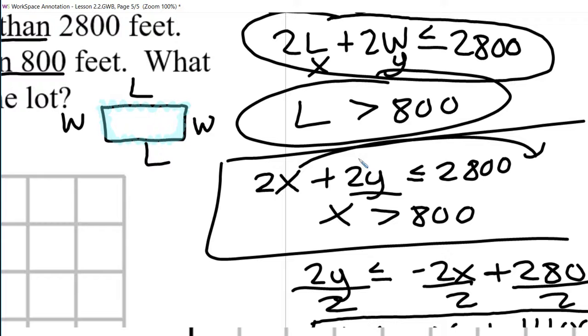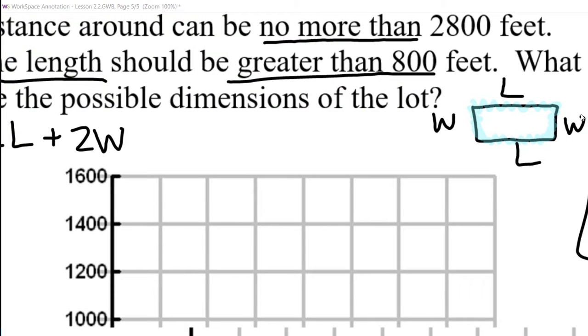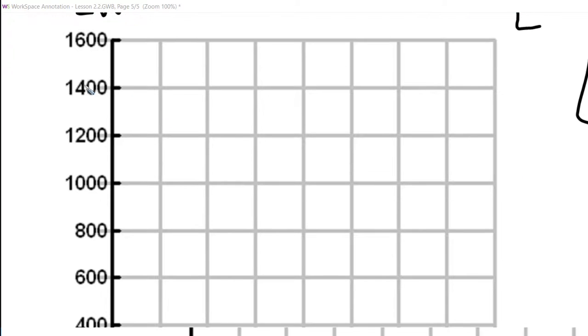So let's go ahead and graph this first one. What's the y-intercept for this one? 1,400. So when you start at 1,400, and if the slope is negative 1, well, are they counting by ones here?